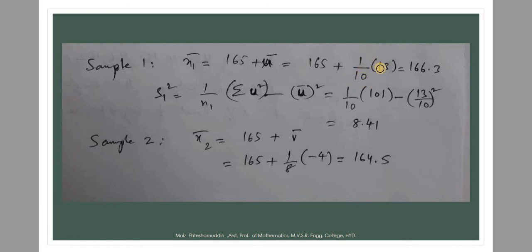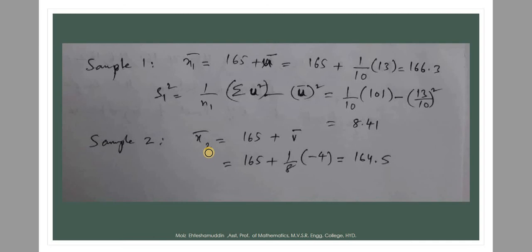This 13 by 10 is the figure to be added to 165 to get the actual mean of this x1 series, which becomes 166.3. And s1 square is given by the shortcut formula for standard deviation which we already used in the previous problem, but here we have used deviations, and the deviation will not change the value of the standard deviation. Finally it is going to be 8.41.